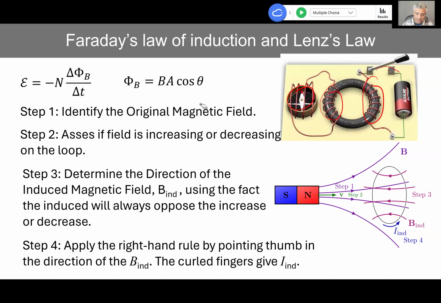That's what this equation is about. So this phi B is this, and how it is changing. We already saw it can change when B changes, when A changes, or even when theta is changing, or any combination of those. In that situation, EMF is induced. Now, EMF induced means if there is a loop, then we're going to see current circulating at that moment.